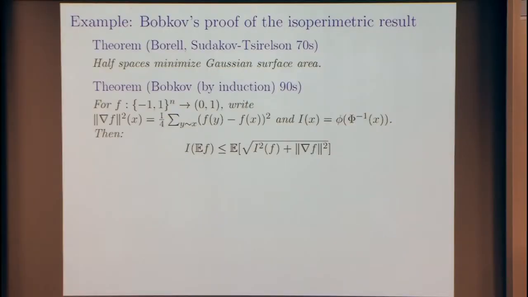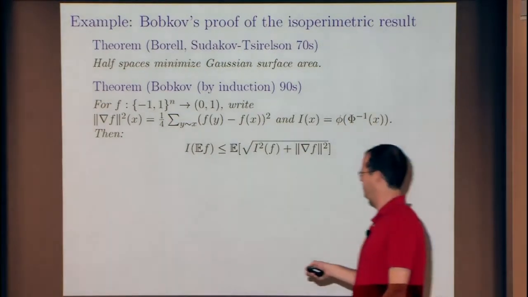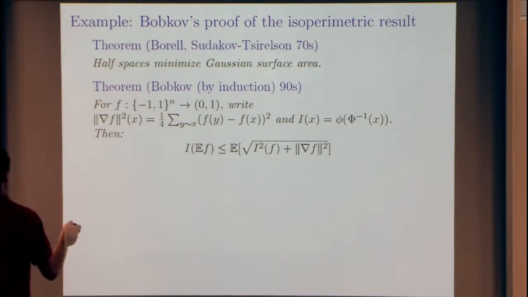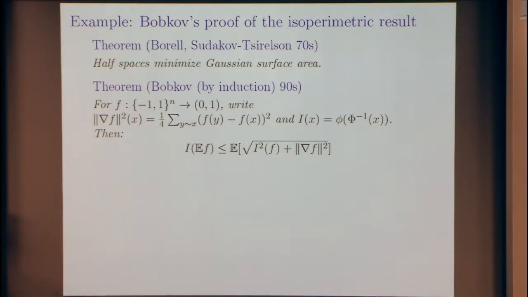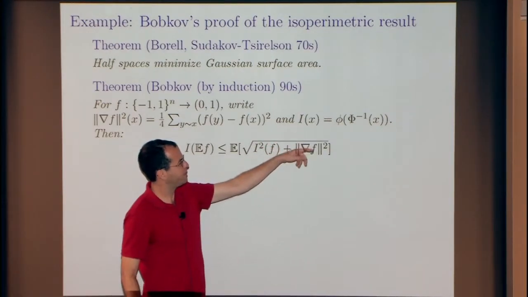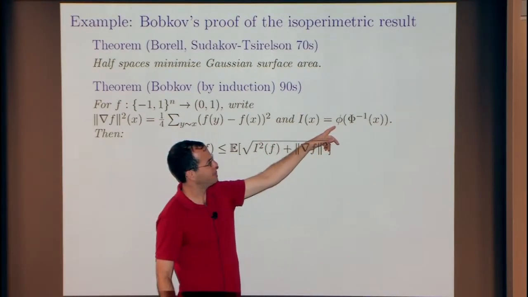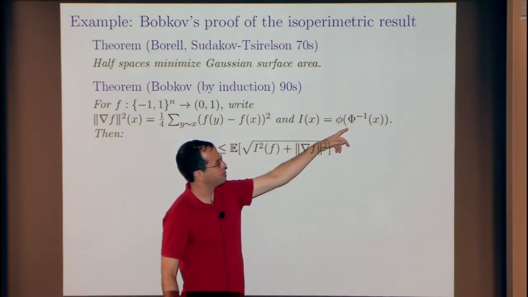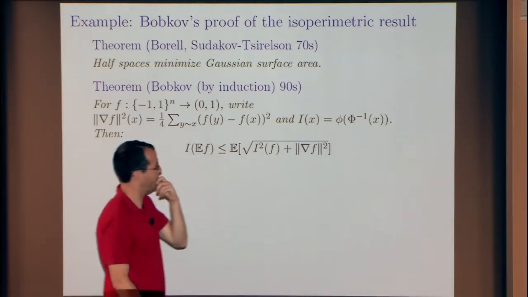This should look somewhat familiar to what you've seen in the previous talk. We're going to have this quantity, the gradient of f squared, which at a point x is just given by the sum over y's which are neighbors of x, of (f(y) minus f(x)) squared. There's going to be this other quantity I, coming from Gaussian theory: I(x) is little phi, the Gaussian density, applied to capital phi inverse, the inverse of the Gaussian CDF, applied to the point x.